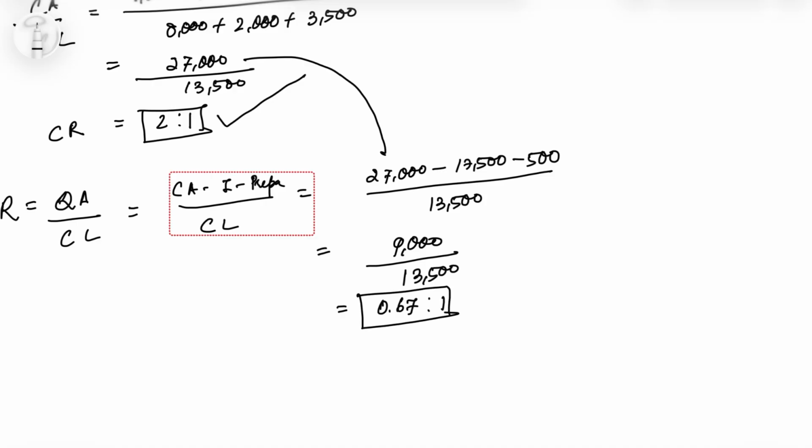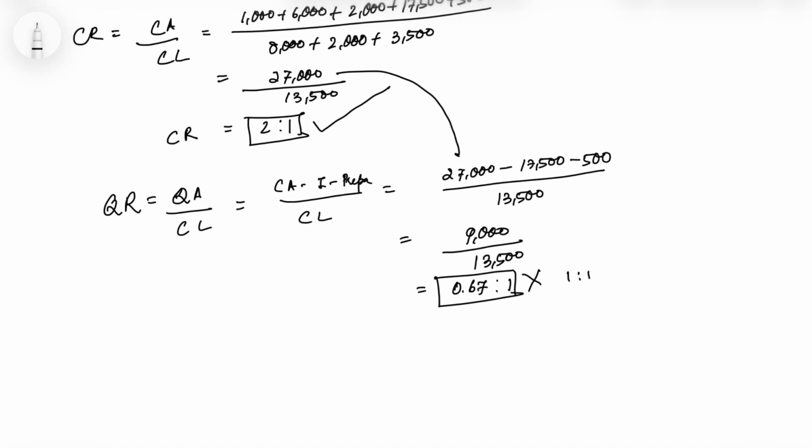The ideal ratio is 1 is to 1, so the liquidity position is not satisfactory. The current ratio is satisfactory, but the quick ratio is not.